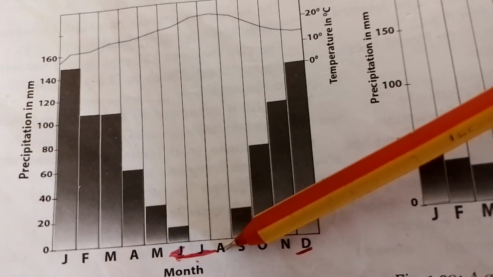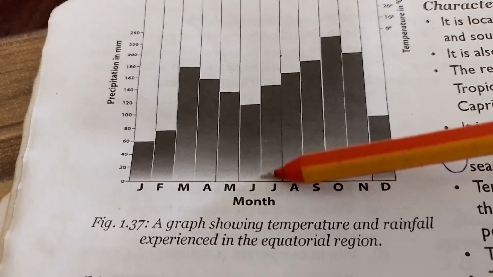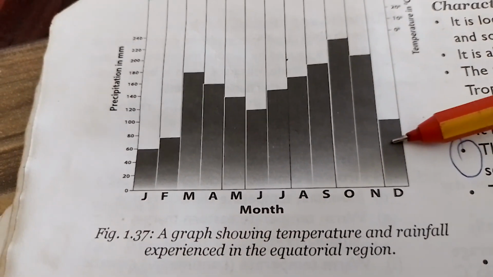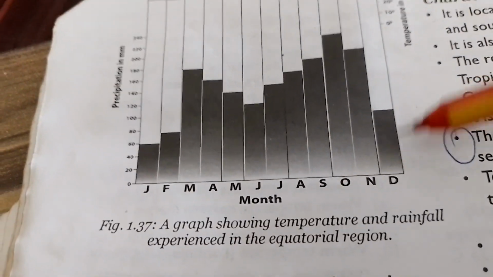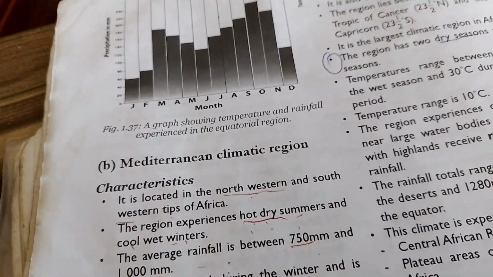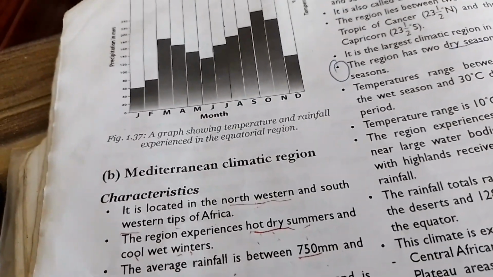The month of June, we have no rainfall, so it is summer. The southern part of Africa, during June, we have winter, enough rainfall. December, the rainfall has decreased. So this climate, boys and girls, is also highly tested, and we are likely to have these questions come KCPE.